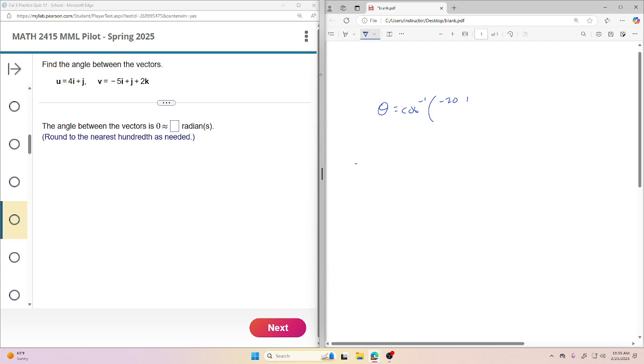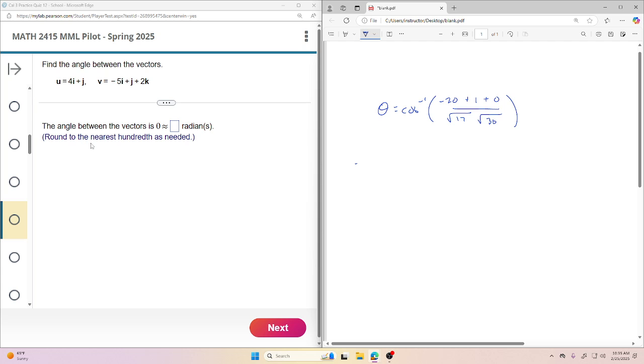Negative 2, 1, and 0. Very good. Then my magnitudes would be the square root of 17, and this one's a bit trickier: 25 and 5 makes 30? I think so.